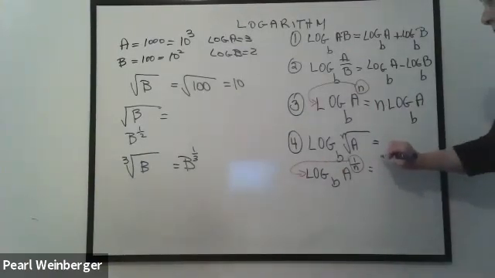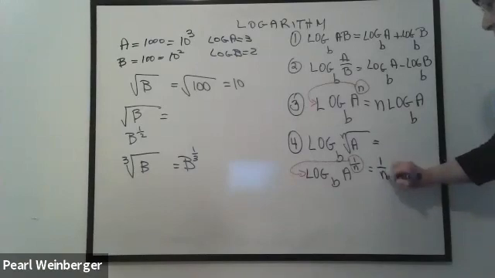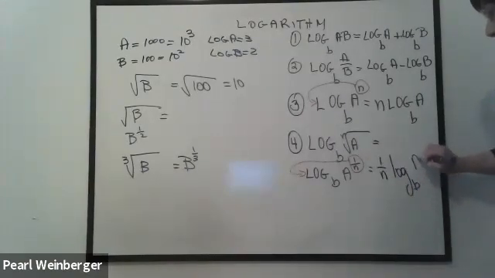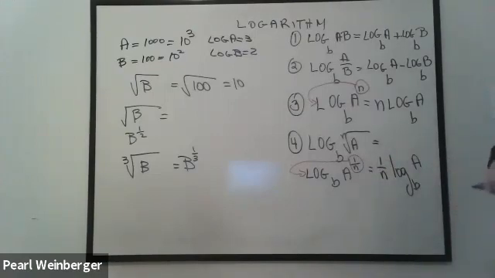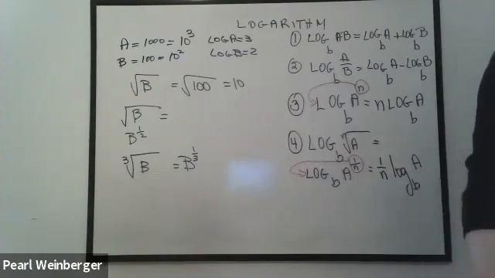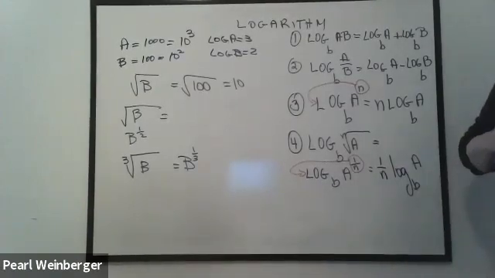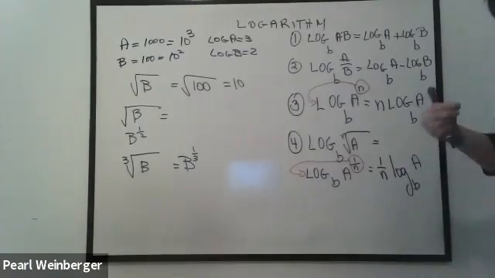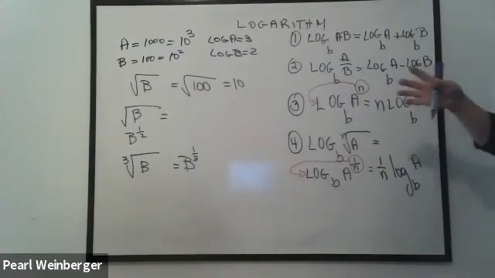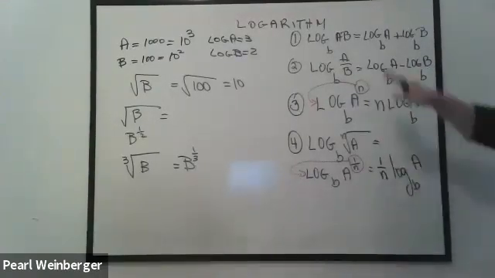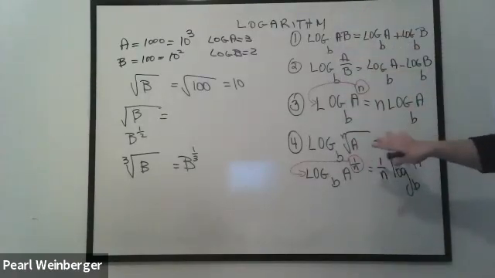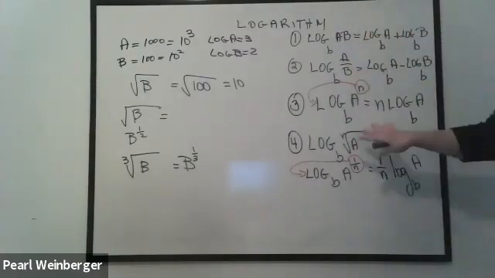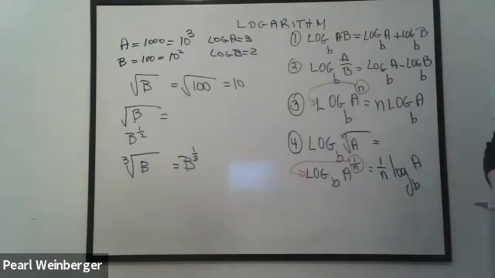So that'll give me 1 over n times log base b of a. The exponent becomes the coefficient, because when you're dealing with logs, they are in fact themselves exponents, and we just use all the rules of exponents. The log rules, the properties of logs, are really the properties of exponents.